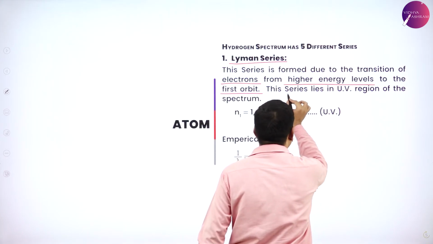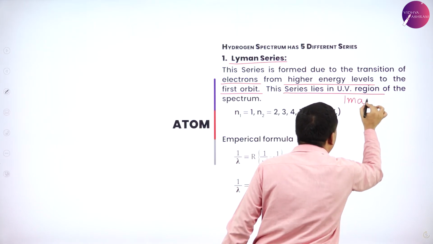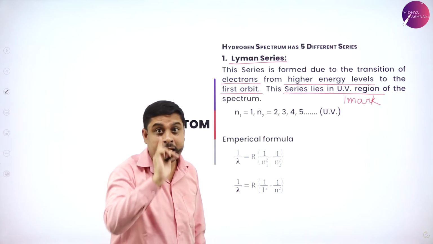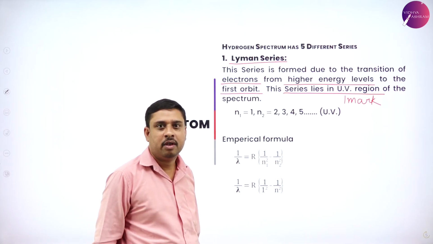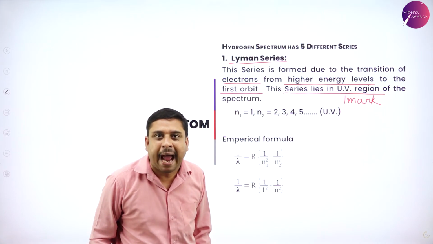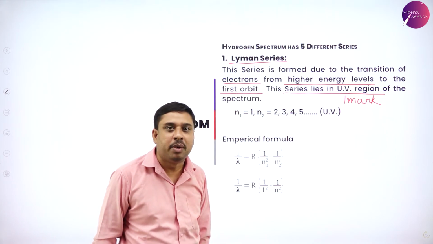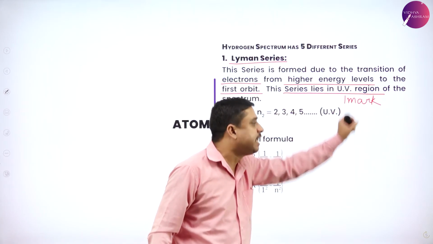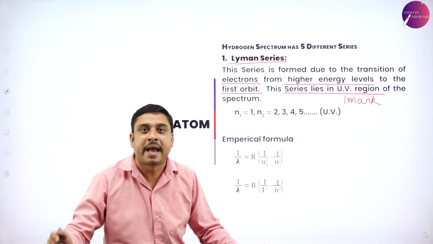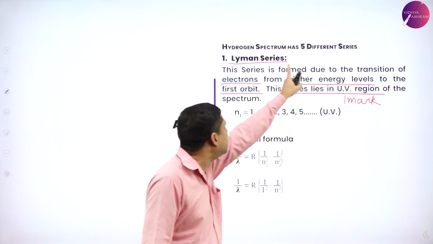And this series lies in the UV region of the spectrum. Which region of the electromagnetic spectrum does the Lyman series belong to? UV region.